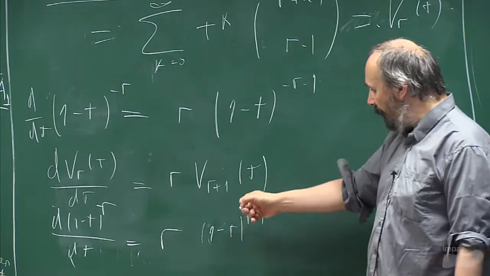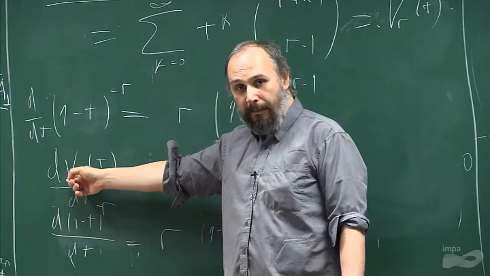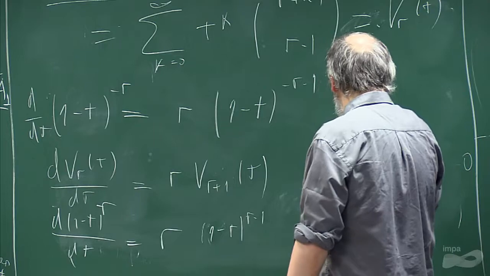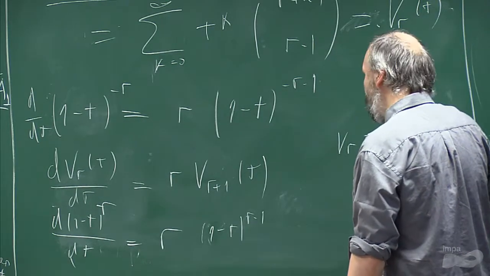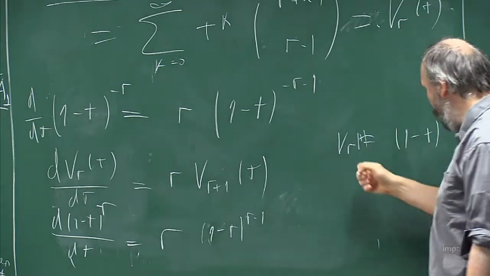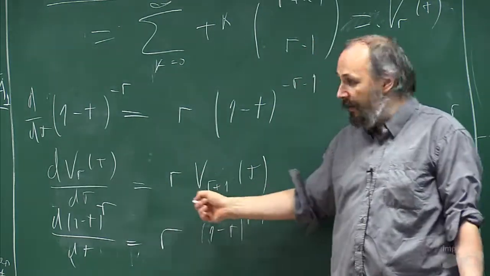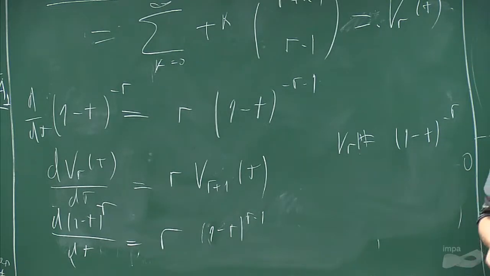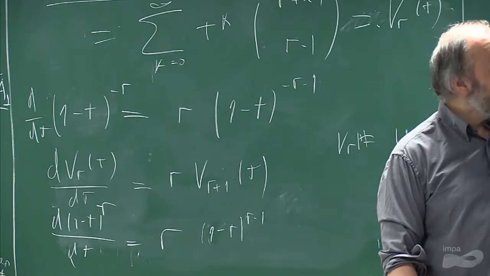Okay, so for V_0, V_1, you have V_r equal to (1 - t)^(-r). You take the derivative, you obtain the same for r plus 1. This just cancels, and you obtain the same equation for that. And then you use induction on r. And you obtain this combinatorial identity. Good.